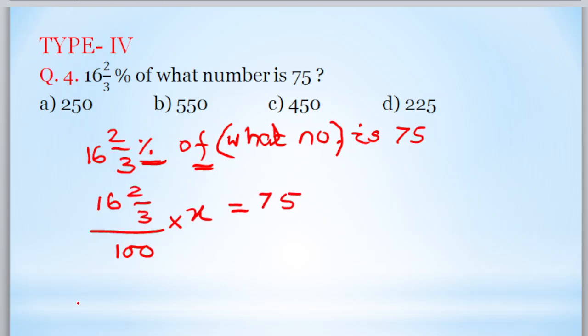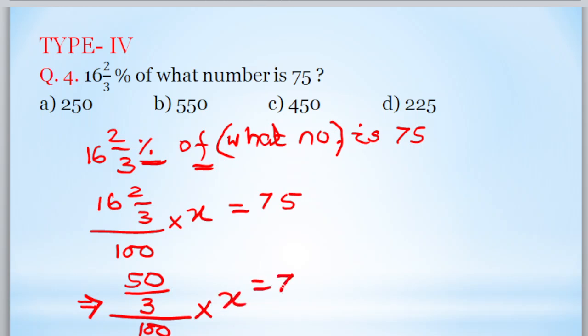Then this implies, when this mixed fraction 16 whole 2 by 3 is converted into improper fraction, it becomes 50 by 3. 50 by 3. Then divided by 100. Here it is 3 into x, that is equal to 75.